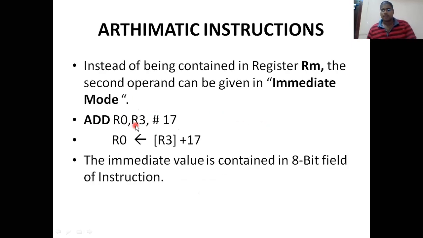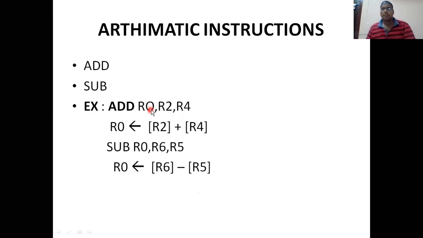R0, R2, R4. As we have discussed in the previous slide, the value that is contained in R2 is going to be added with R4, and whatever result appears is going to be stored in R0.